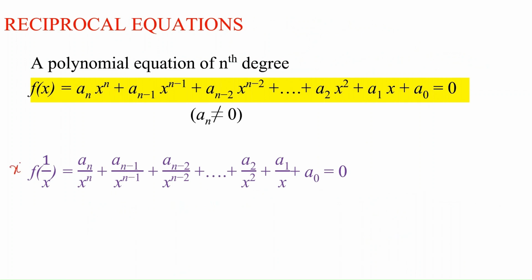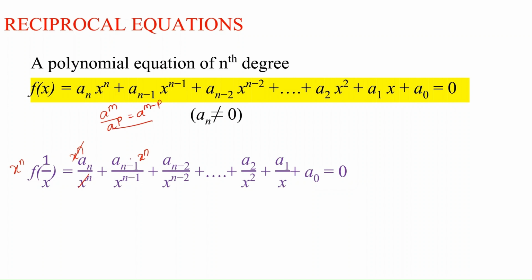Multiply this equation with x power n, then each and every term will get multiplied with x power n. For the first one, these two will get cancelled, numerator and denominator are same. For the second term, when we multiply with x power n, here we will apply the law of exponents in which we have a power m upon a power p is equal to a power m minus p.